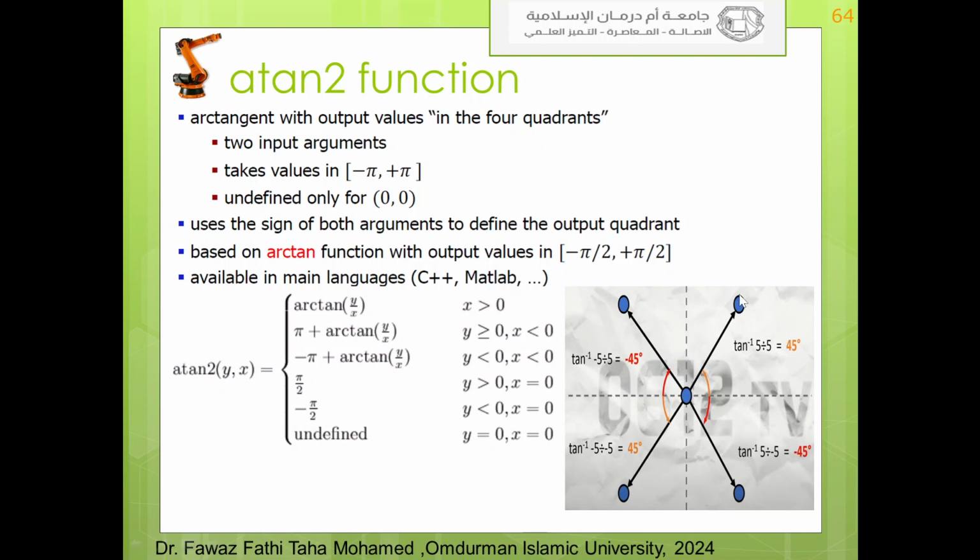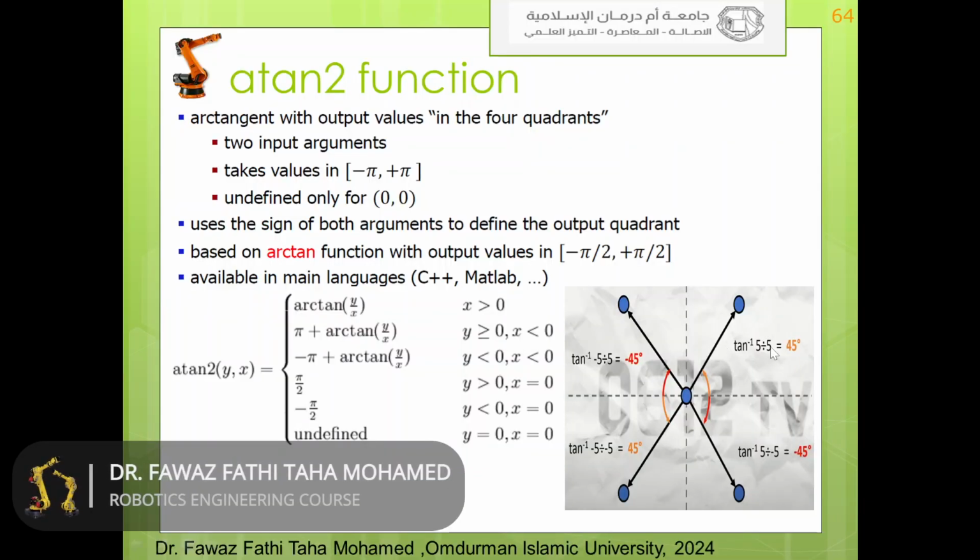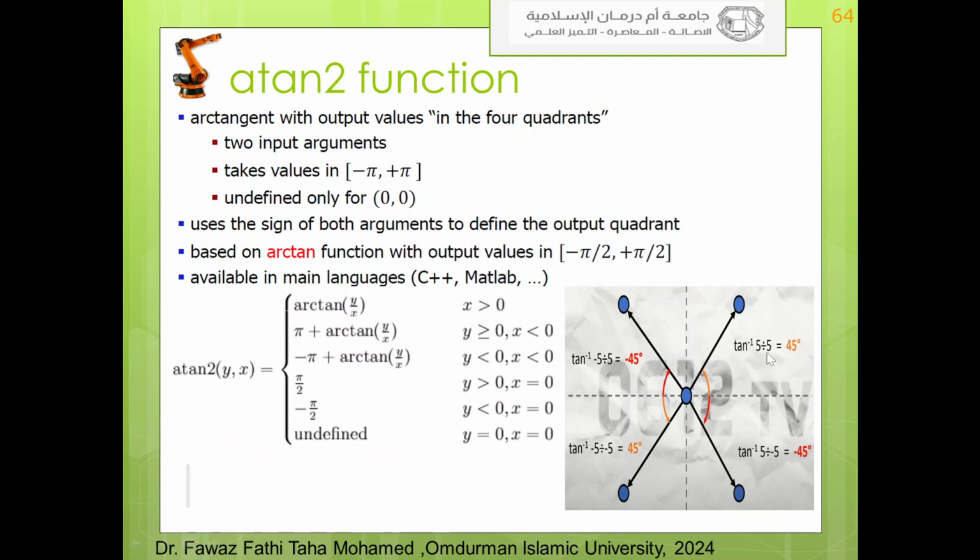For example, if the x value is 5 and the y value is 5, the tan inverse at this point, in this case where both are positive, gives 45 with the calculator.